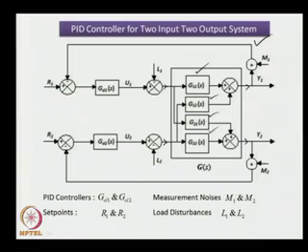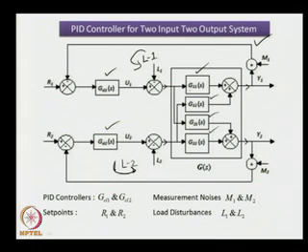Now, when 2 PID controllers are employed for controlling the TITO process, we have 2 loops. Suppose this is loop 1 and this is loop 2. So, the 2 loops will give us dynamics in such a manner that the dynamics are affecting each other.